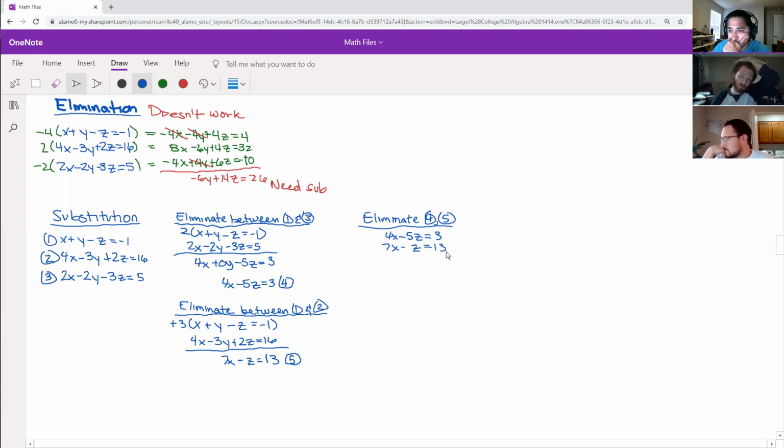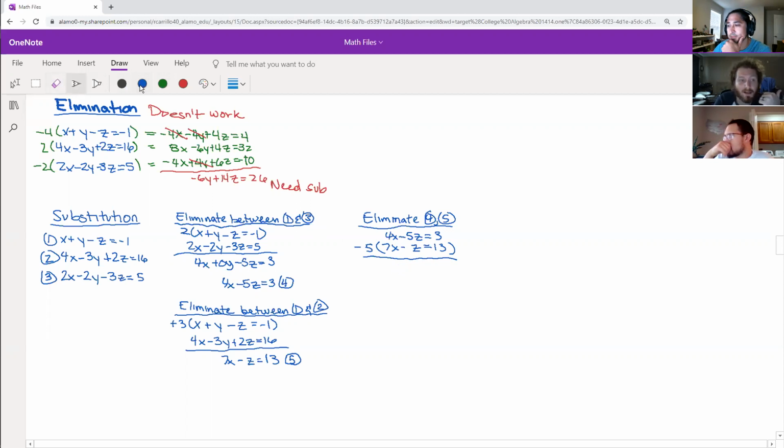Okay. So which one of these is easier to eliminate? Why don't we do this one times 5? Okay, so then that would give us 4x plus 35 is 39x. Sorry, this needs to be negative. Woof. I done goofed.